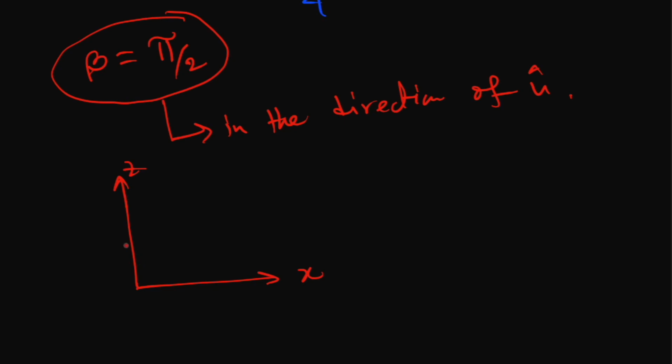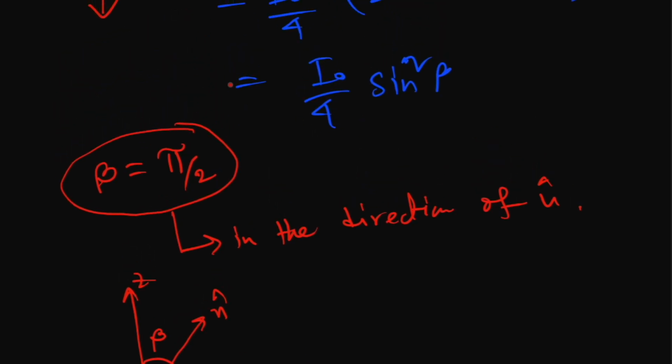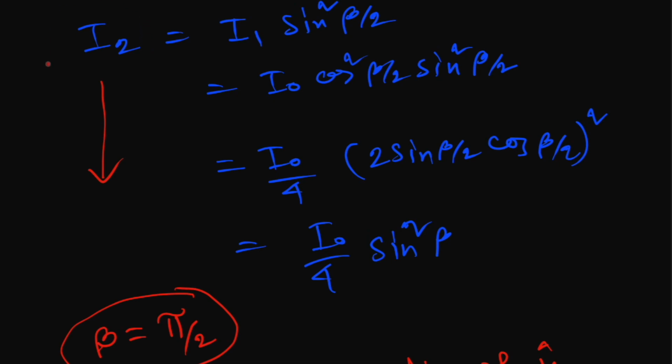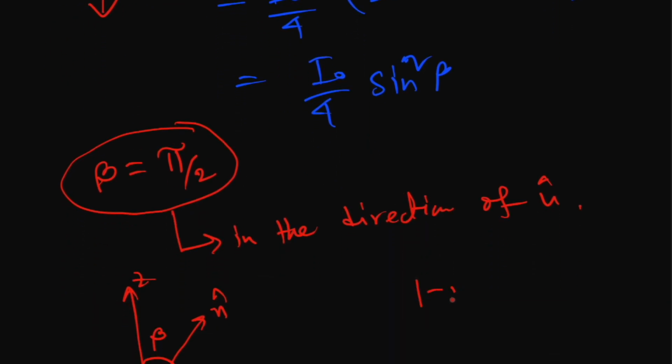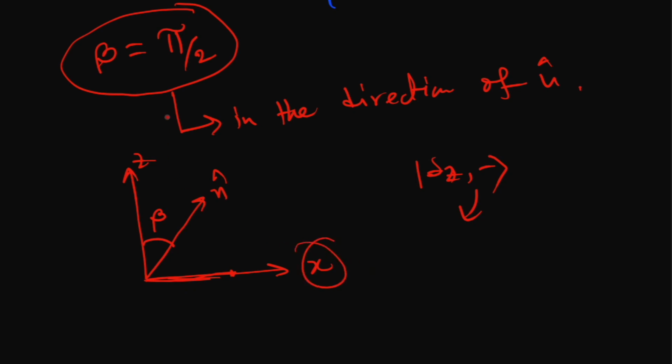So if beta equals pi by 2, n cap is in the direction of the x axis, and the intensity of the atoms in z minus will be maximum.